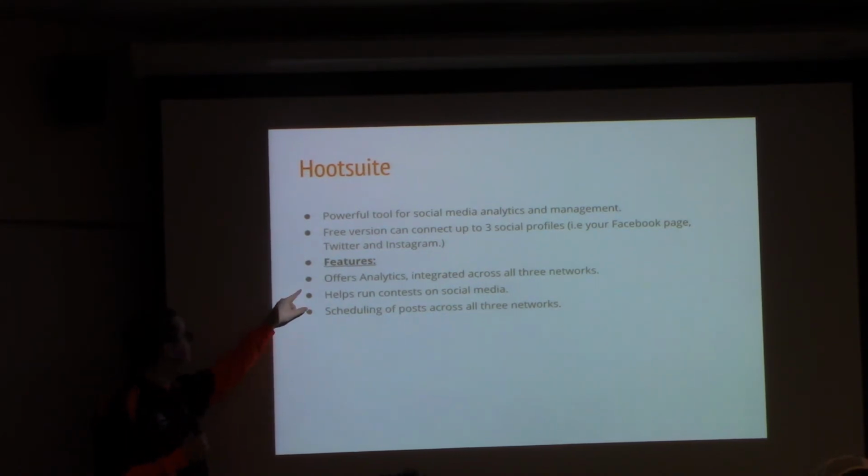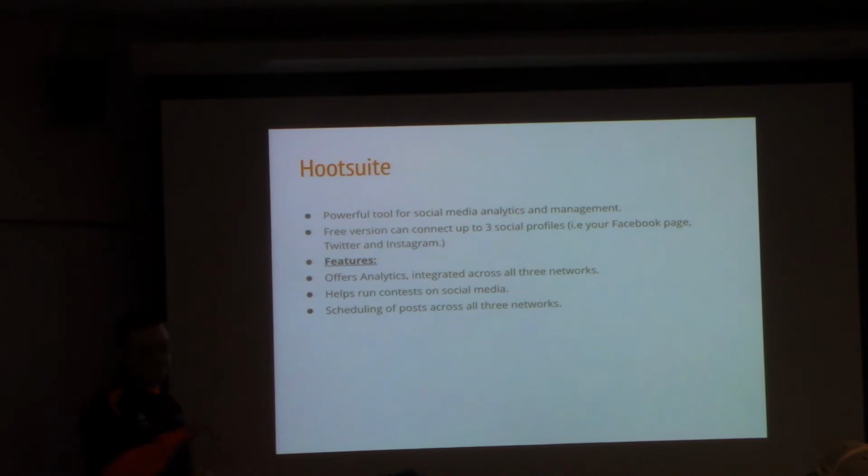For features, you get analytics, and then that analytics data is apparently integrated across all 3 networks, so you can compare what's working on one network versus what's not working on another. You can use it to run contests on your social media as well, apparently. And you can schedule posts across all 3 networks.